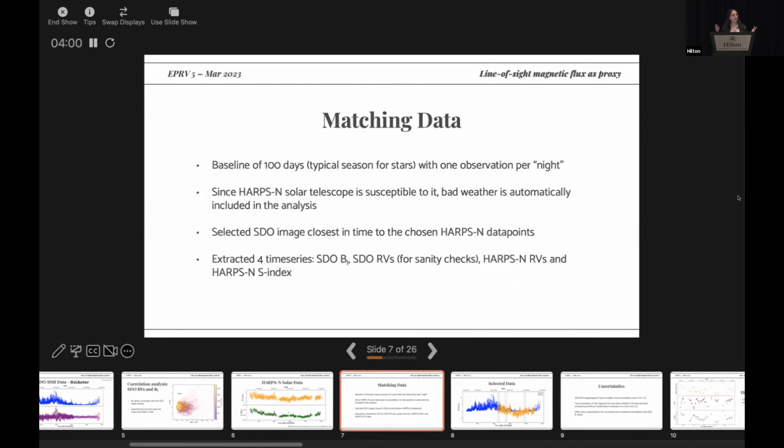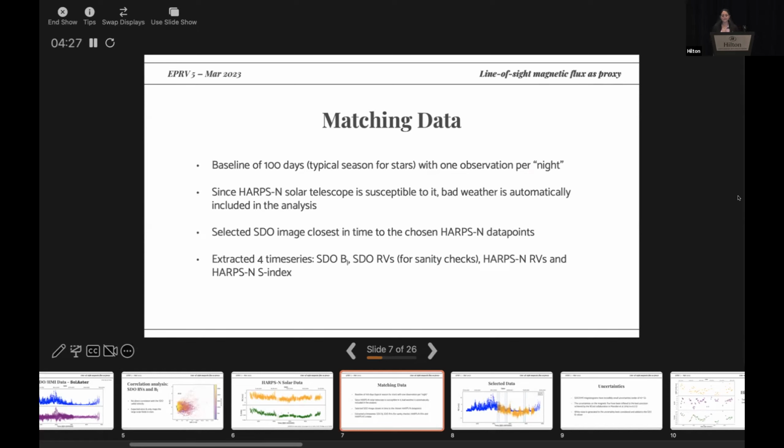For the scope of this analysis, I started looking at a baseline of about 100 days, which is more or less a typical season for a star. And I've chosen to take one observation per night. Since the HARPS-North Solar Telescope is ground-based, in La Palma, bad weather is automatically included in the analysis.